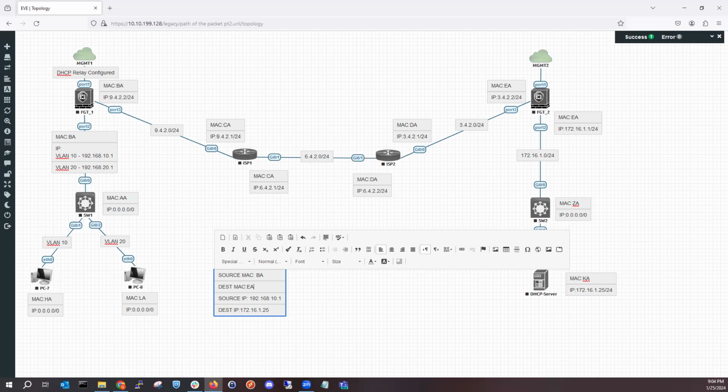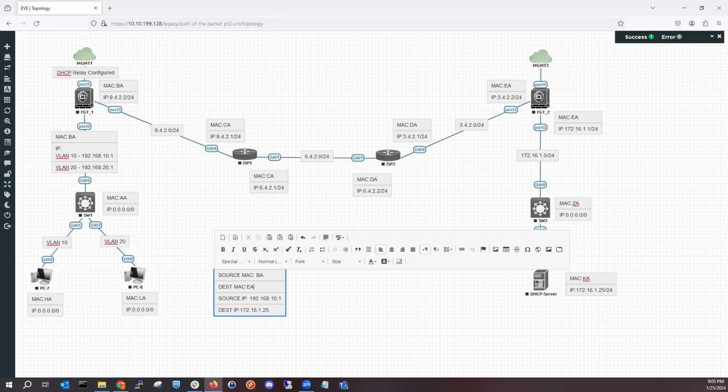The FortiGate knows the destination IP address, but it doesn't necessarily know the MAC address that is tied to the IP address, which will be the DHCP server.